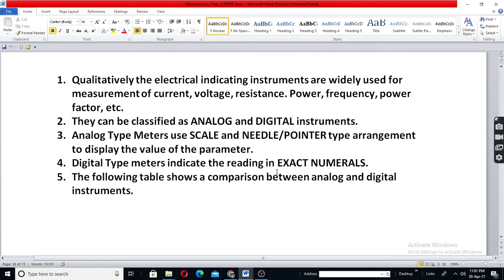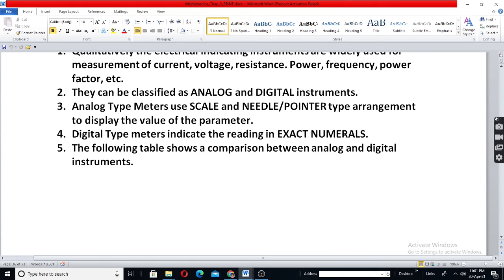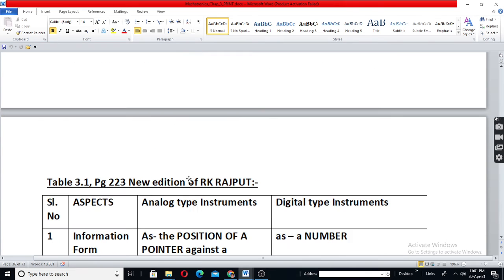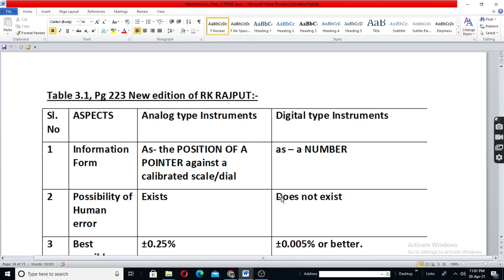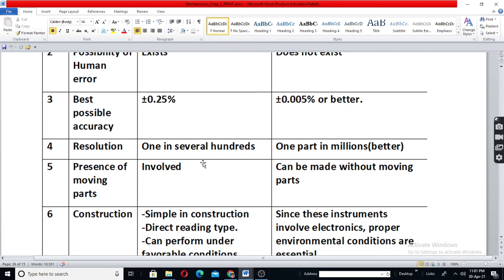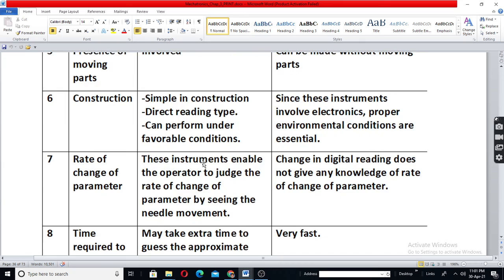Digital type meters indicate the reading in exact numbers. Okay, there is a comparison between analog and digital instruments. Nowadays digital instruments are used much.